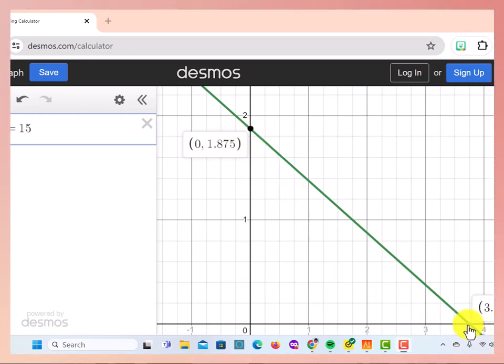Now in contrast, if we don't buy any walnuts, but we buy 3.75 pounds of raisins, we'll spend exactly $15. And you can go to any point on this line. You can just click, and it tells you the combinations that will work. 3 pounds of raisins and 0.375 pounds of walnuts will equal exactly $15. Anywhere you click tells you what the combination is to stay within that constraint.